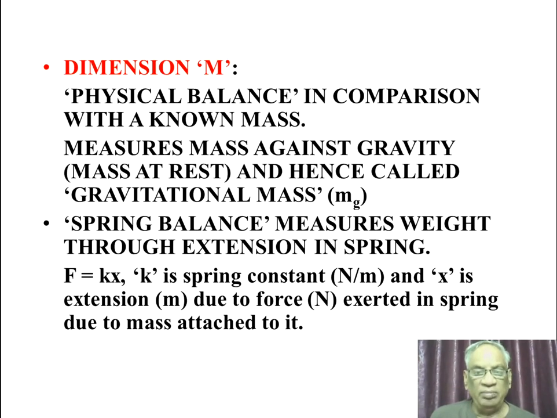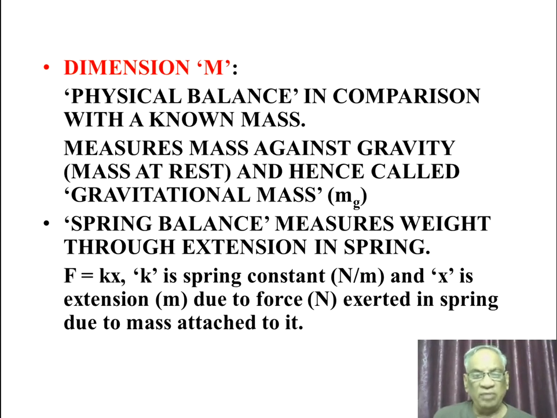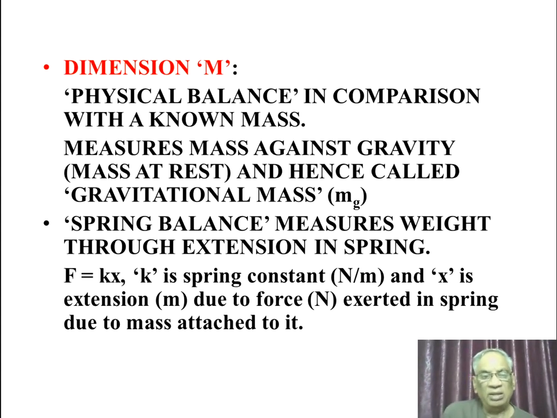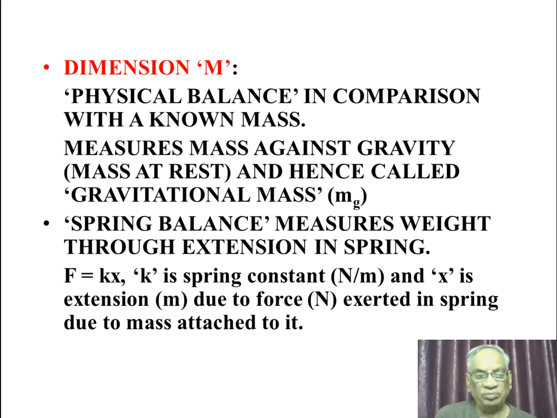And we can measure the mass using a spring also. When a spring is attached to a mass, the spring extends. So for different mass values, you can calibrate how much the spring extends, and you can obtain a spring constant K, which is the extension produced for a unit force.